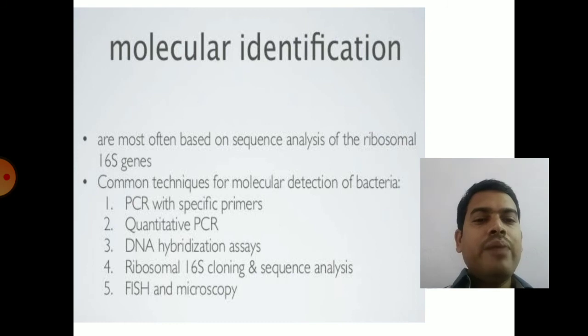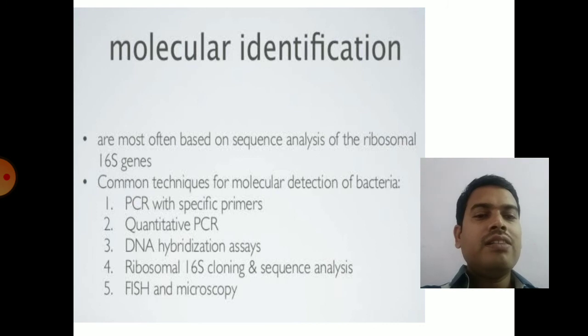And also by DNA hybridization methods, you use specific probes for the hybridization of bacterial species DNA or for identification of special genes related to antigenic properties of special species of bacteria. For easy identification and performing many experiments in a single experiment, you use DNA microarrays.